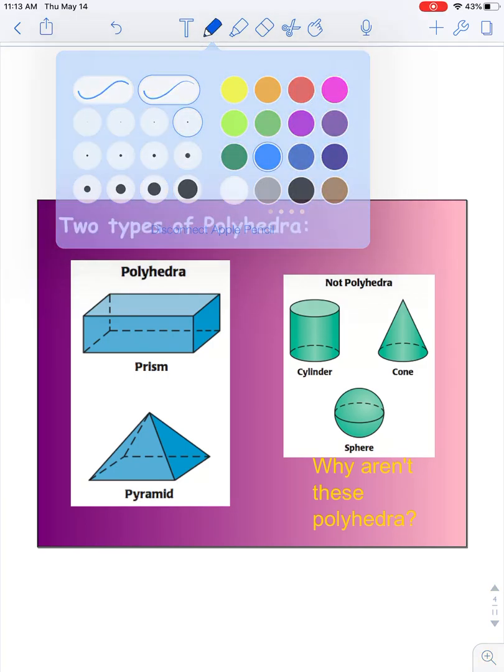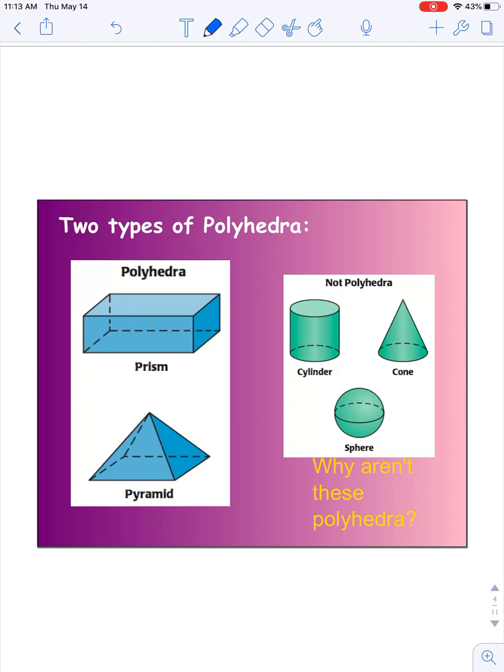Now, if we look at the pictures that are not polyhedron right here, why aren't they? These are things we recognize. We know what a sphere looks like, a cylinder, and a cone, and we're going to talk about those in this chapter. But the reason these are not polyhedron is because they do not have what's defined as faces. So there's no faces really here because they are not polygons.